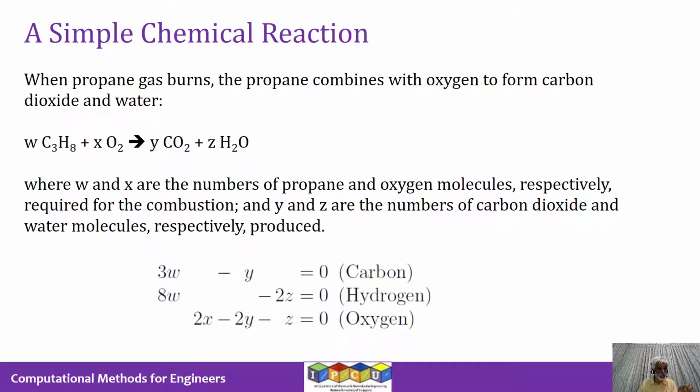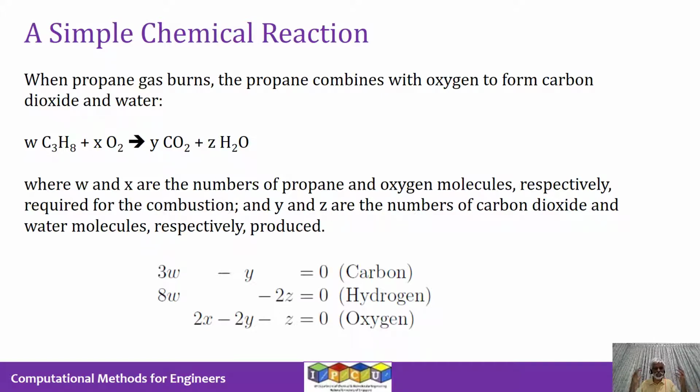But moles of carbon should balance on both sides. Moles of H, hydrogen atoms, should balance on both sides of the equation. Similarly, moles of oxygen atoms should balance on both sides of the equation. So elemental species will conserve in terms of moles as well.